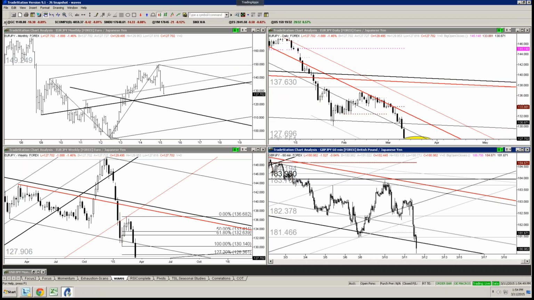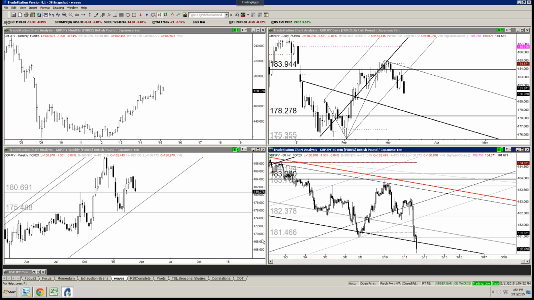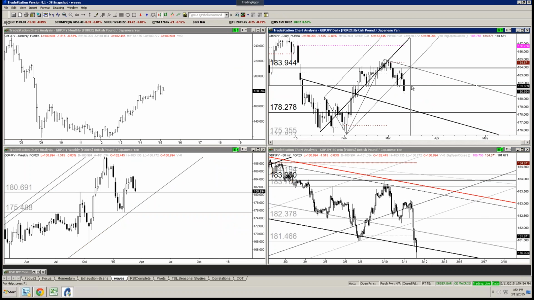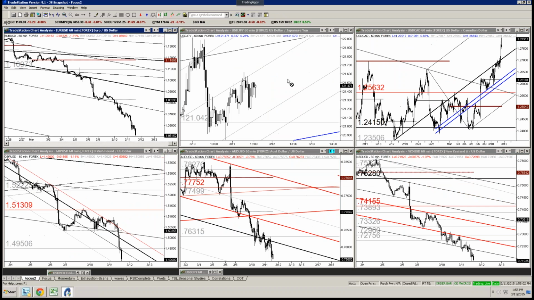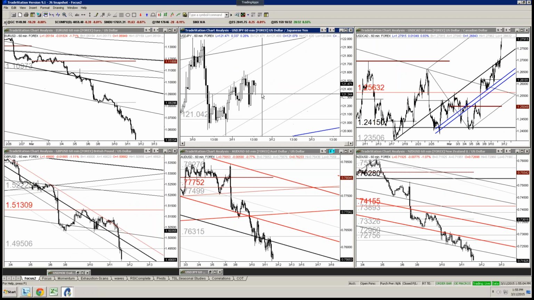Pound yen. Hey, we already went over the pound yen. You can see how dollar yen is just going all over the place. I mean, it just traded down to 32 and now it's at 50. It's like 20 pips.